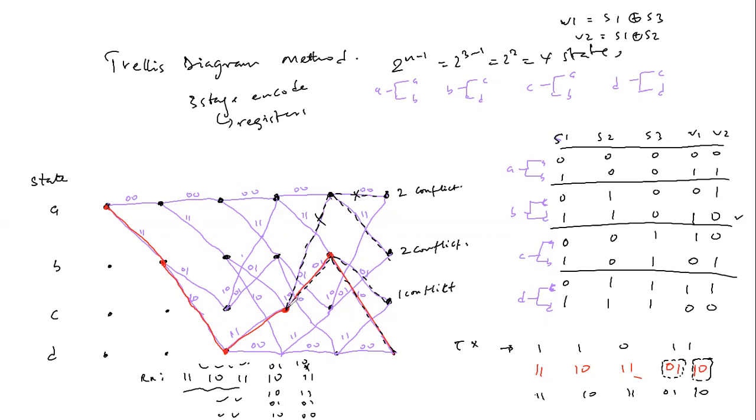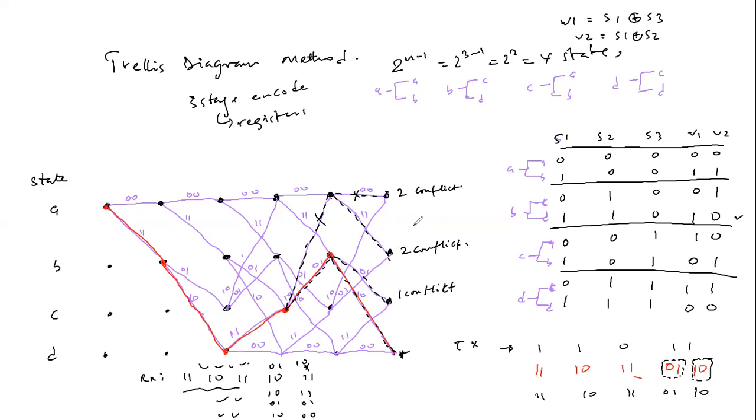Then in this case, we have a 1, 0. Here we have 0, 1, 1, 0. Okay, which actually tallies with what was transmitted.